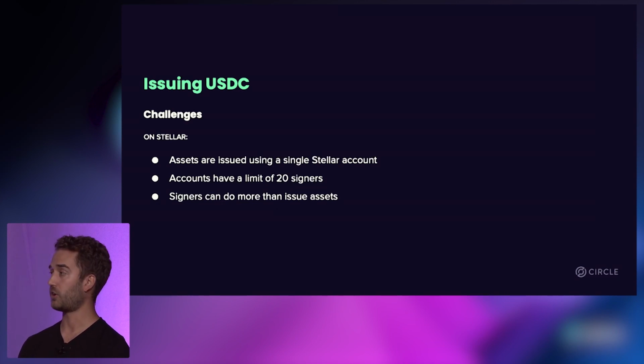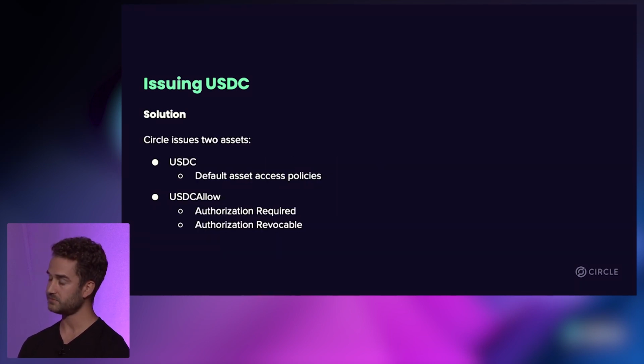So that list would be hard capped if they went with that direction. And signers can do a lot more than just issue the asset, right? They could theoretically even collude to have more signing power than Circle itself and take over the account. So that's simply not an option. They had to get creative with the solution, which I'm going to go over in the next slide.